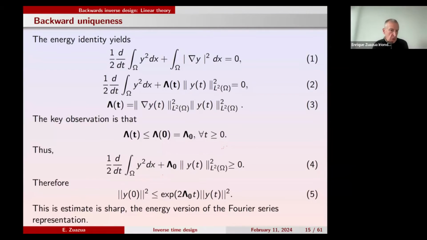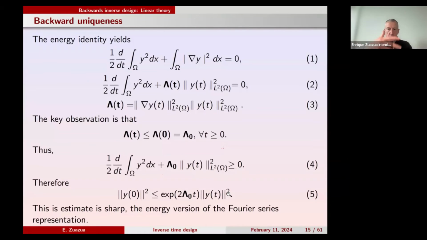And then you say, well, how can it be? Well, it can be because in this backward estimate, out of the L2 norm in the future, you can estimate the L2 norm in the past, and it depends also on the initial datum itself. So it's not a global estimate as we are used to, but an estimate that depends implicitly on the solution you are considering.